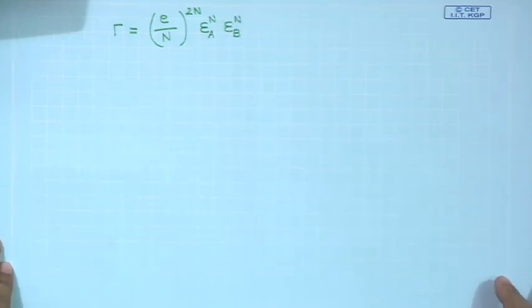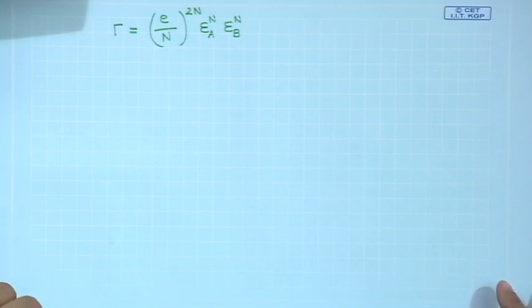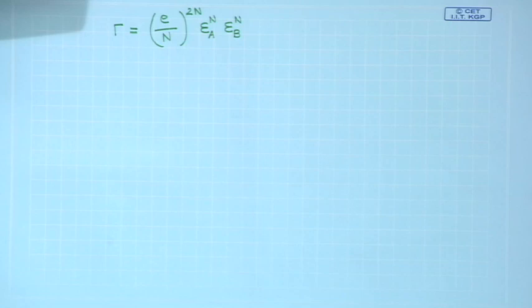So, if that is so, I can try and find out, for very large values of capital N and epsilon, where this peak in the probability corresponding to the different macro states, the different values of epsilon A, will appear. In order to estimate this, what we are going to do is as follows.